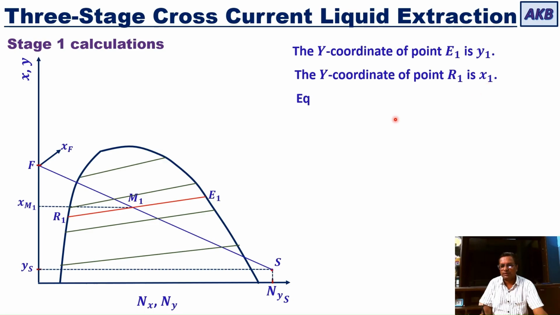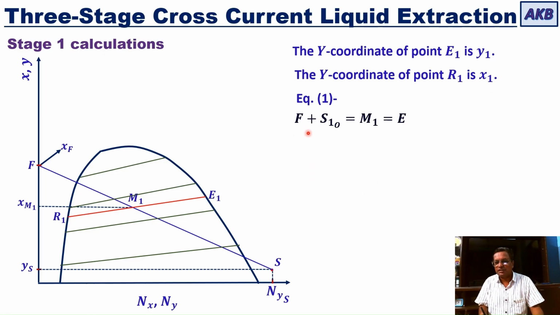So at the end of our calculations for stage number 1, we know these values x1 and y1, and then we are going to use these values to find out the quantities of raffinate and extract phases that are obtained from stage number 1.